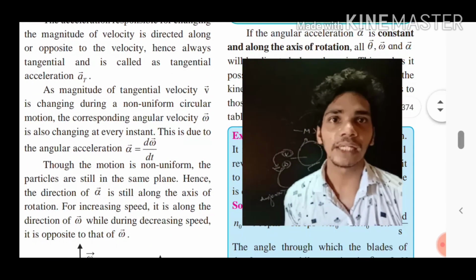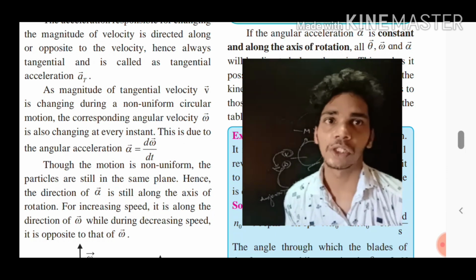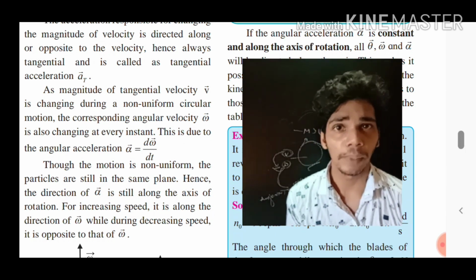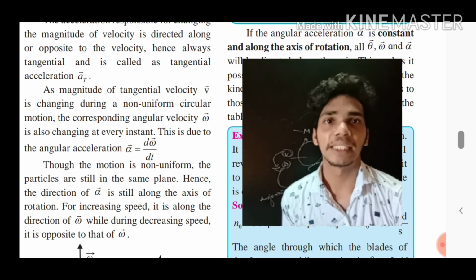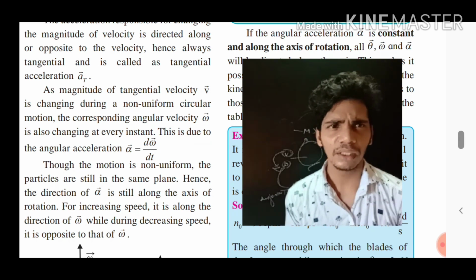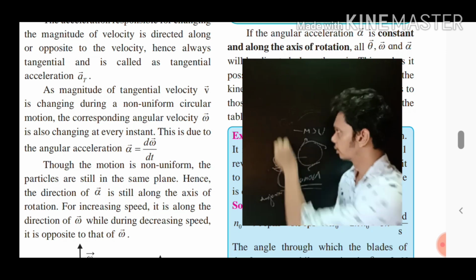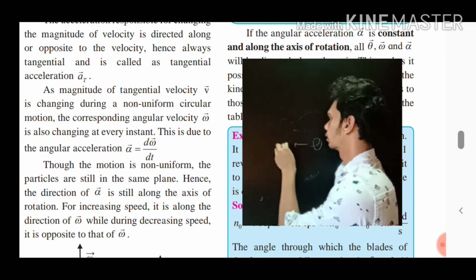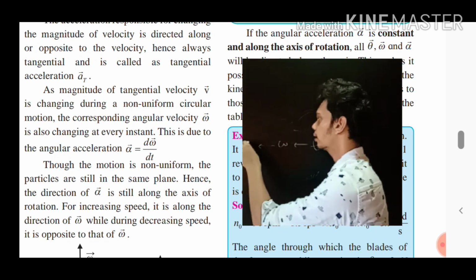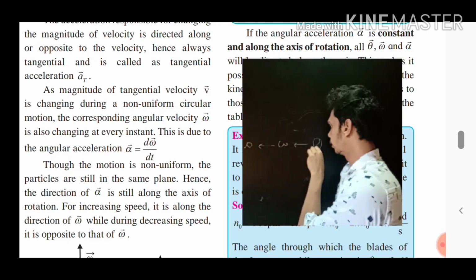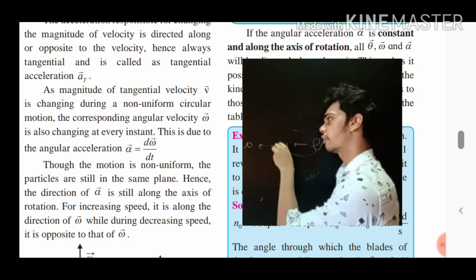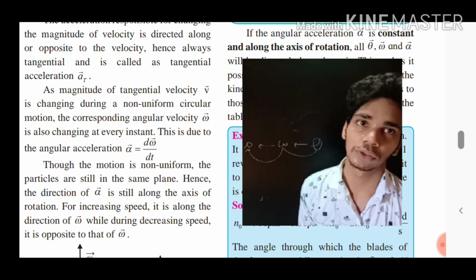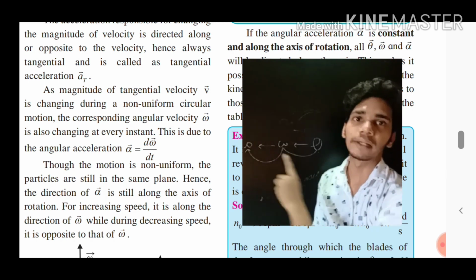As the magnitude of the tangential velocity is changing during non-uniform circular motion, the corresponding angular velocity, that is omega, is also changing at every instant. See, when you talk about theta, then we talk about omega, and we talk about acceleration. So if the angular displacement is changing, angular velocity is changing, what is changing? Angular acceleration is also changing. So they are dependent on one another.